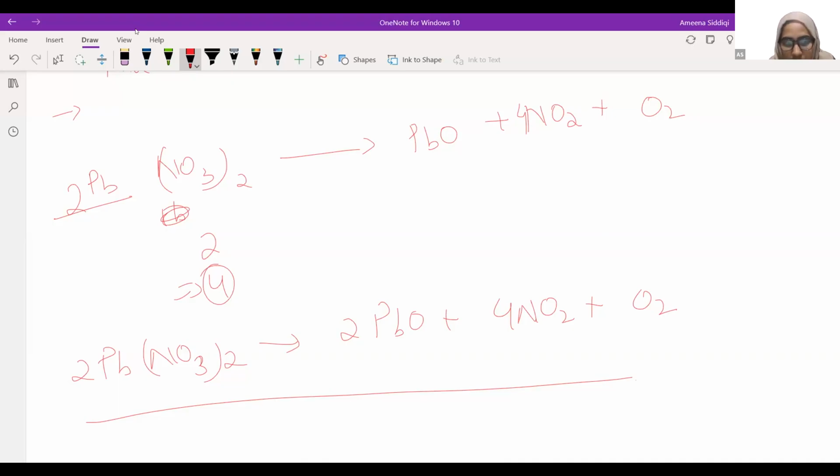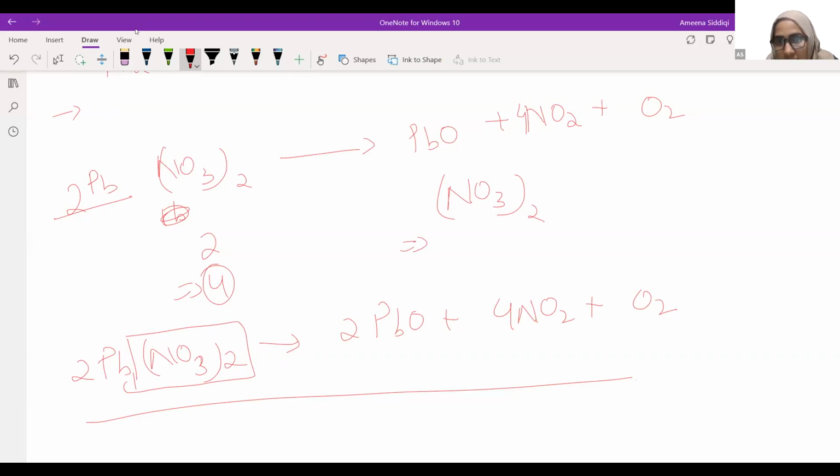Be very careful here. If I just tell you this part, can you write it here? This is NO3 whole twice. Now, the number of nitrogen atoms and oxygen atoms in this compound we are going to calculate. Nitrogen has any subscript or not? It does not have, right?